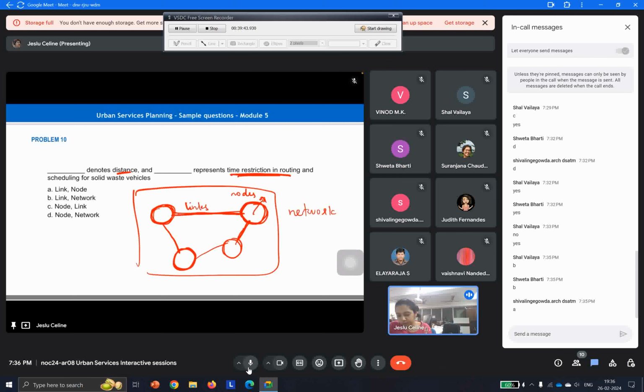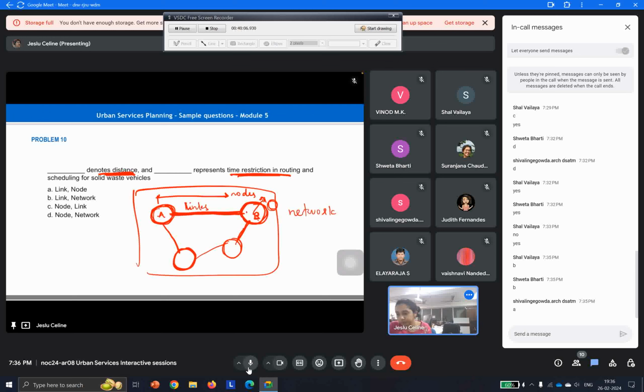Now, nodes mainly talk about the time taken to come from this point to this point. Like if this is A and B, to travel from A to B, what is the time taken? That is usually mentioned over here. And whatever is linking node A and node B becomes a link, and that denotes the distance.